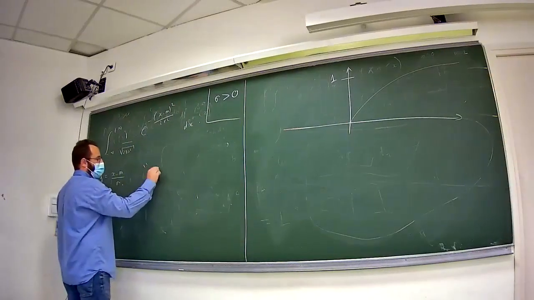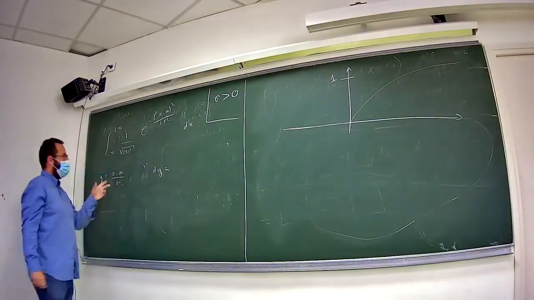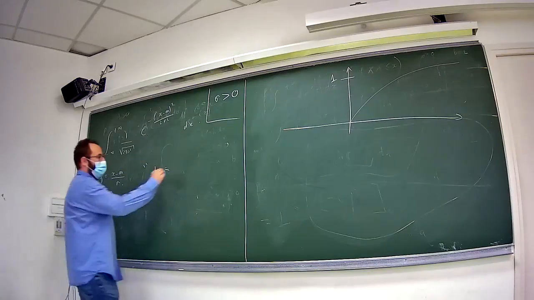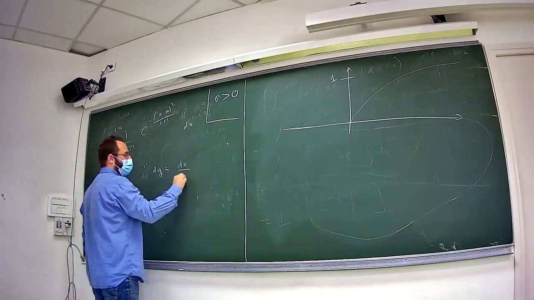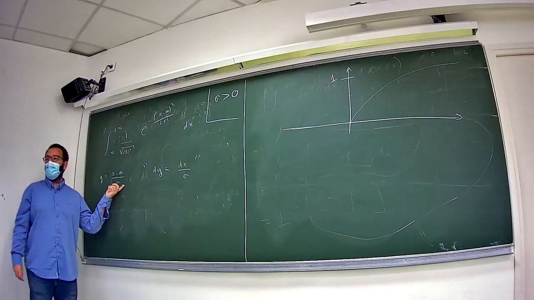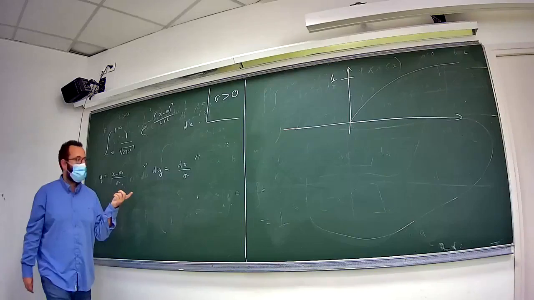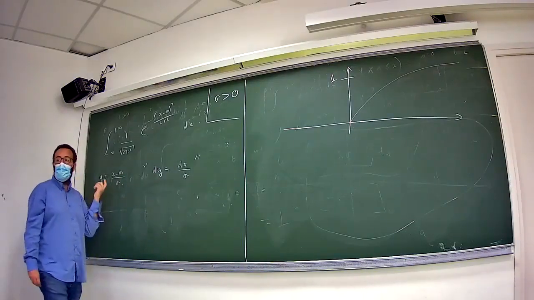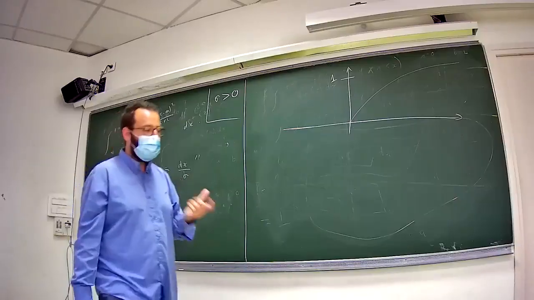So intuitively, you can say that I have my dx here, and the dy that will appear will just be dx over sigma, that is the derivative of this one in x times dx. So here it's just 1 over sigma, the derivative of y with respect to x.